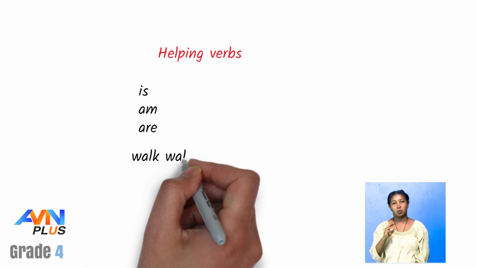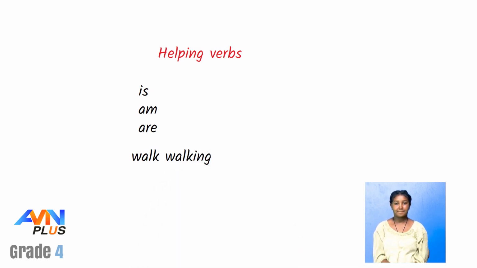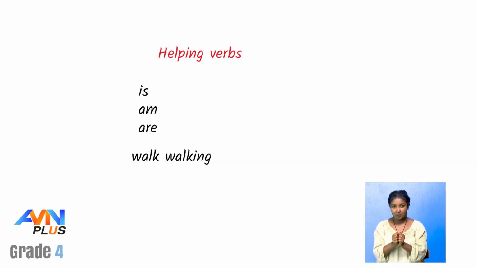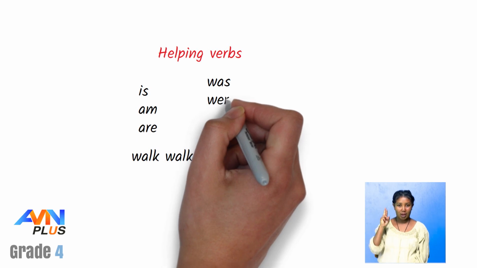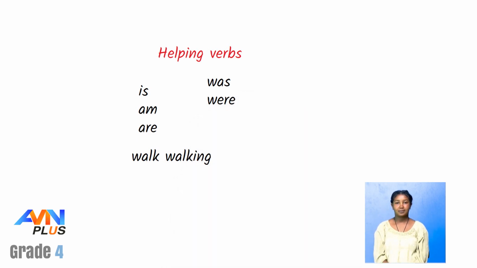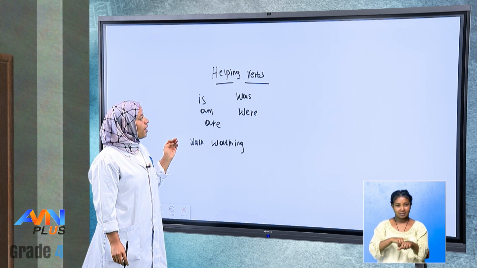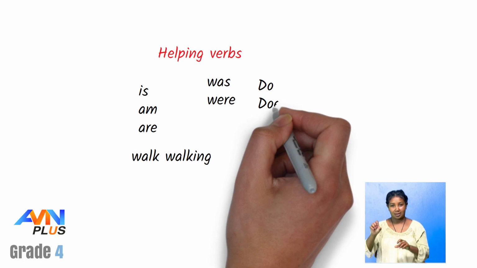We can use what? Is and are. Here is was and were for past continuous tenses.